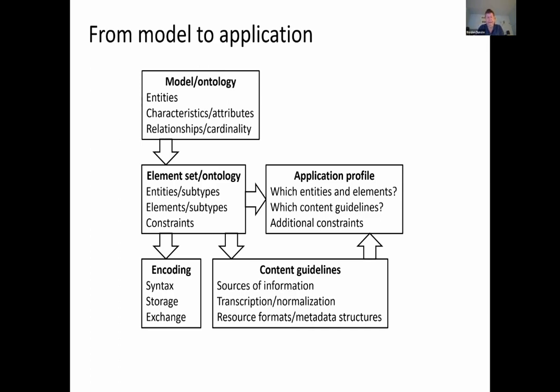And so we have this concept of an application profile, which will select from the element set and the content guidelines which of the entities and elements and guidelines are relevant to the particular resource that is being cataloged in hand. So you might have different content guidelines for manuscript materials from materials that have been printed through mechanical processes.